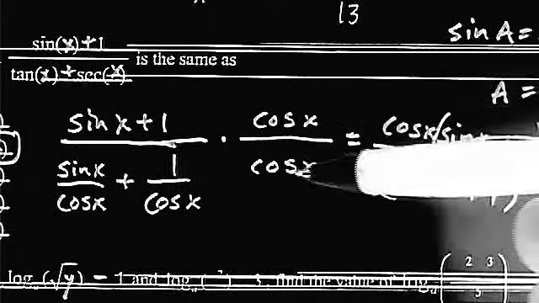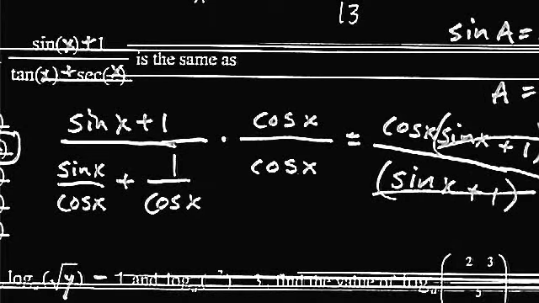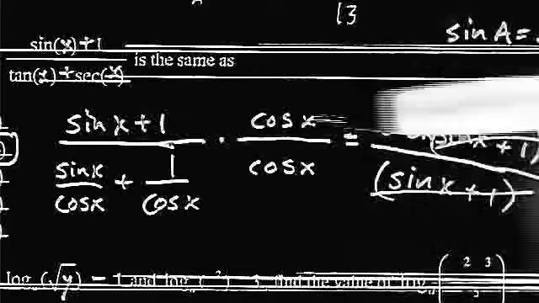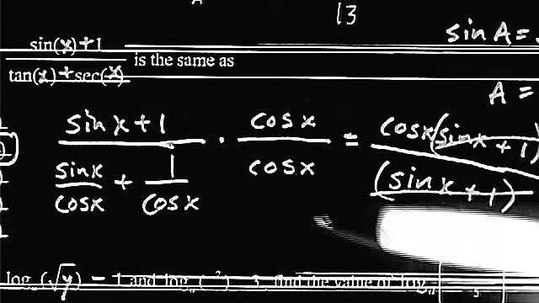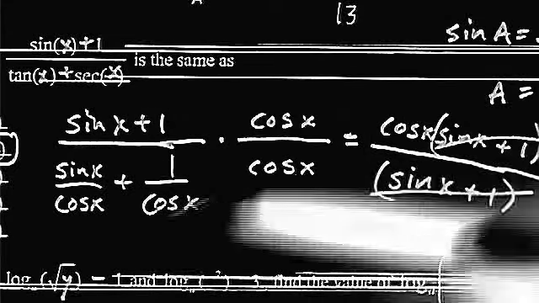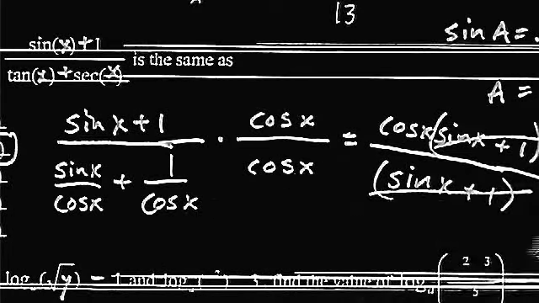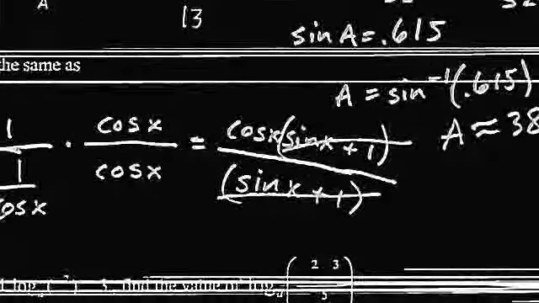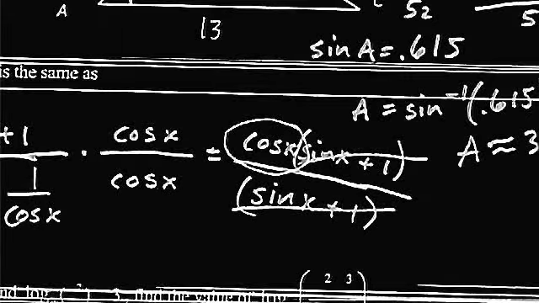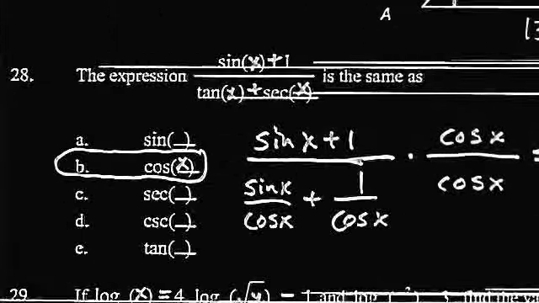I decided to multiply the top and the bottom by cosine x, and I could leave these two on the top alone, and on the bottom, when I multiplied this one times that one, the cosines canceled, leaving me sine x, and when I multiplied that one times this one, I got plus 1. Of course, the sine x plus 1 canceled, leaving me just plain old cosine x. And that's choice, obviously choice B. Didn't show up on my sheet very well at all.